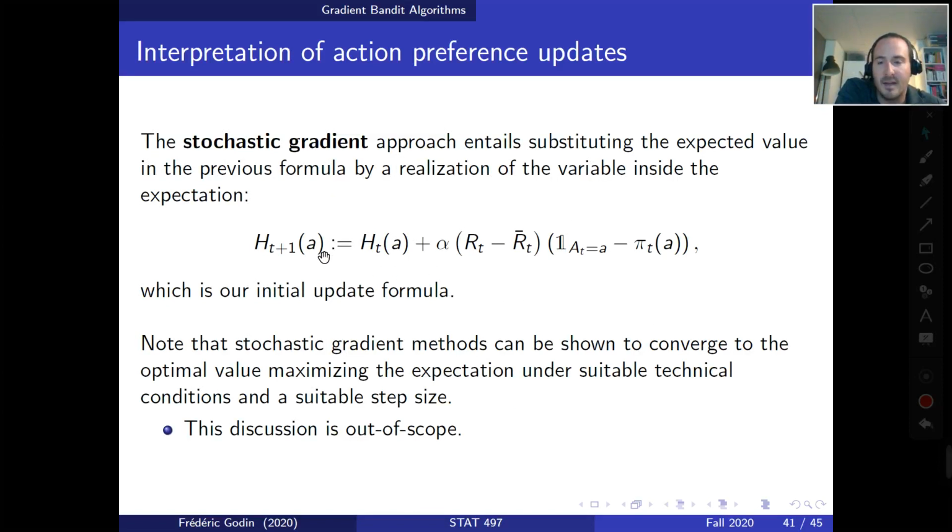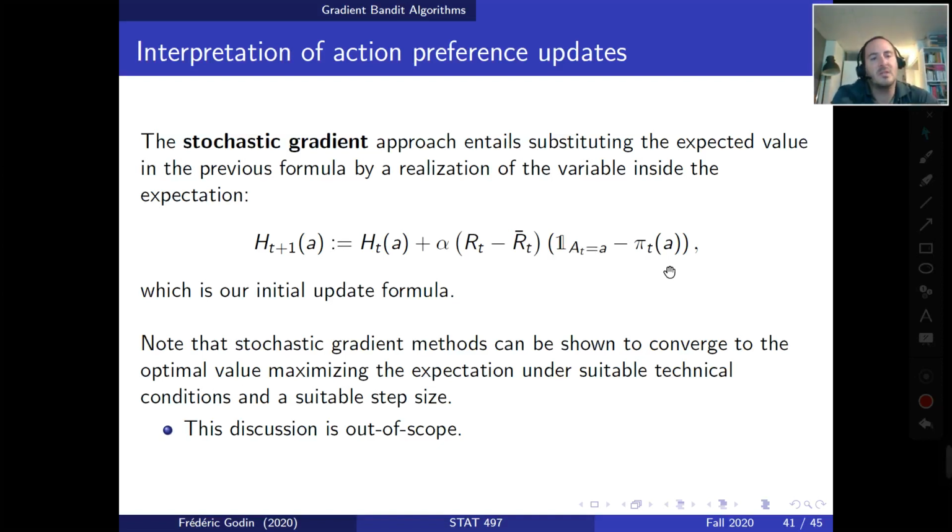The action preference for all actions A at the next step is the current action preference plus, and this is what's inside the expectation, alpha times the reward obtained at play t minus the historical average, times an indicator, which is 1 if action A is the action that was selected at play t, minus π_t associated with action A.